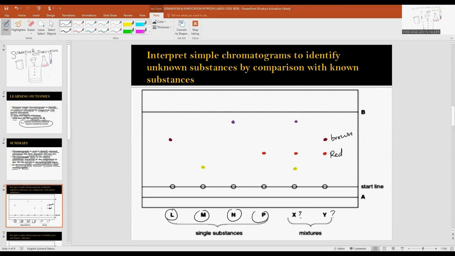So it contains L and P. Can you identify colors present in X? Here's a hint. X contains yellow, red, and purple or violet spots on the chromatogram. Which means it must contain N, P, and M.